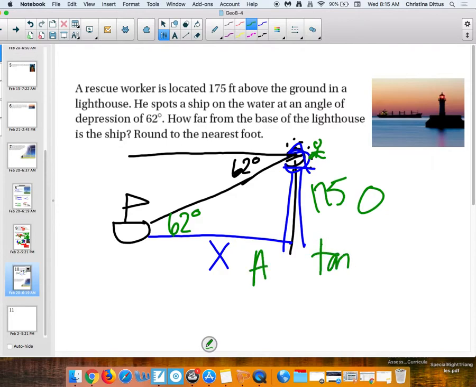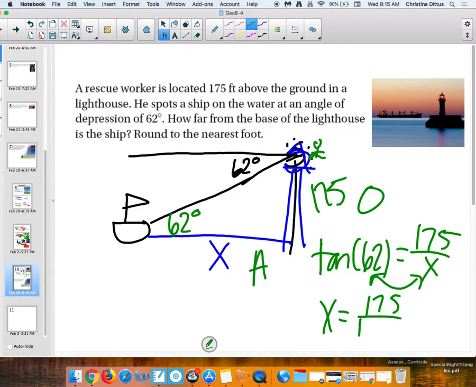Tan of 62 equals 135 over X. How am I going to solve this? Flip flop these: 135 divided by tan of 62. And round to the nearest foot, 72.